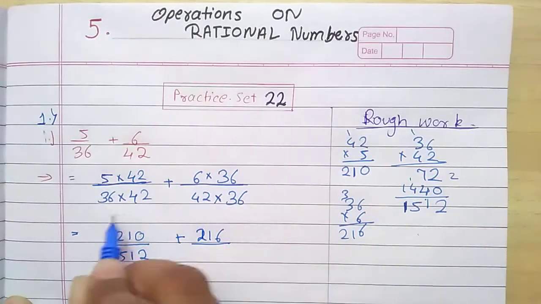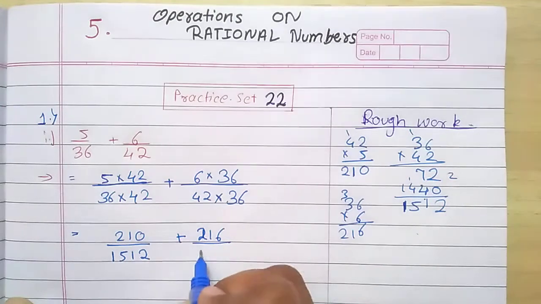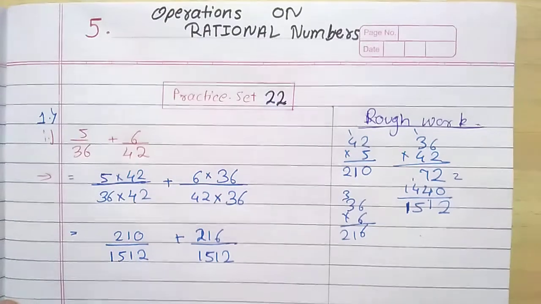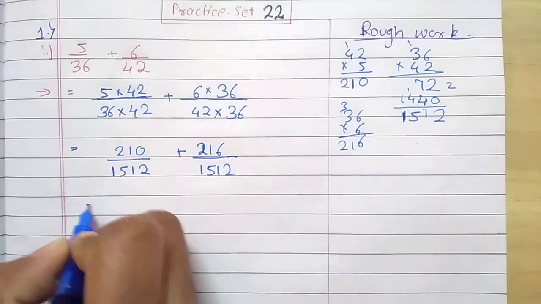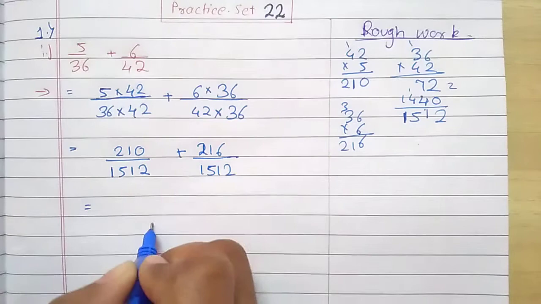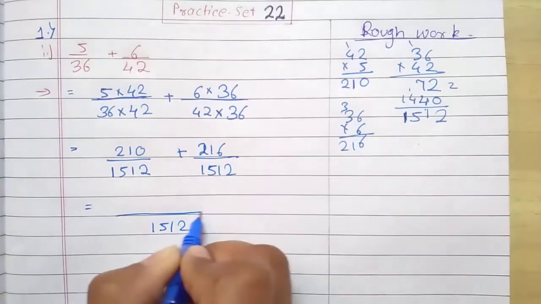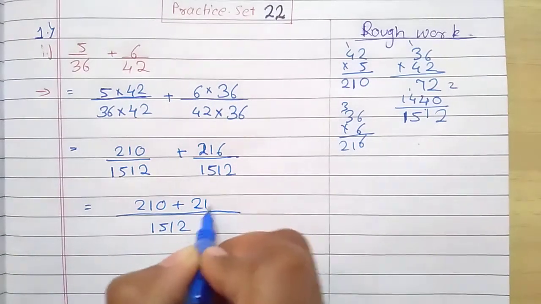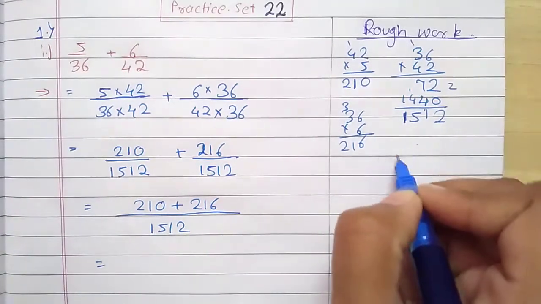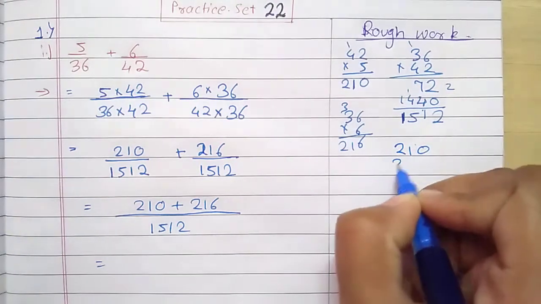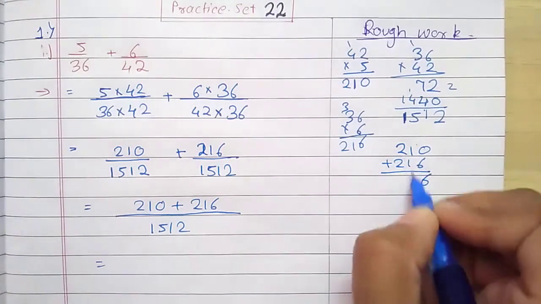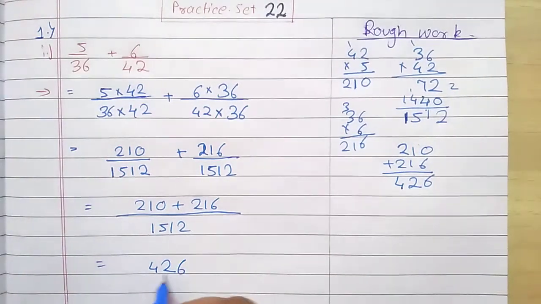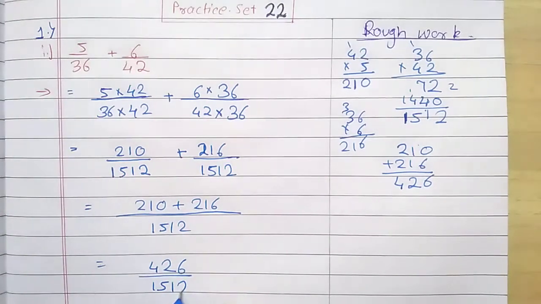Here also 42 into 36, both are same, so 1512. Now under this common 1512, both will add: 210 plus 216. Do your addition: 210 plus 216 is 426, so 426 upon 1512.